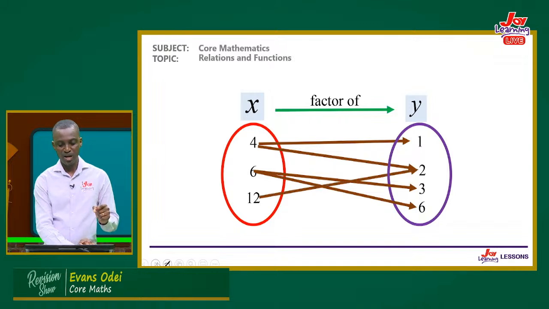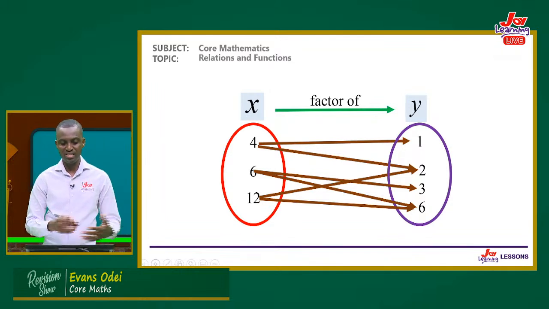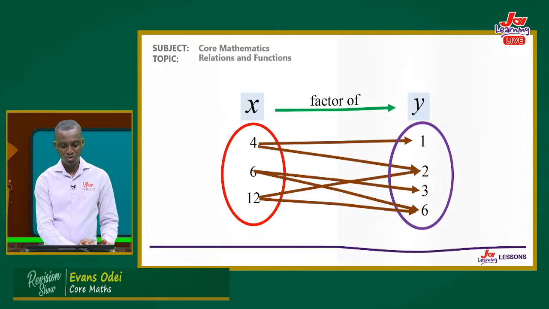And then 1 can also be. So that could be many to 1. And then also many to many, meaning that you can see that 12 also relates to 6, 12 relates to 3, 12 relates to 2, and then 1. And so here we see examples of many to many.